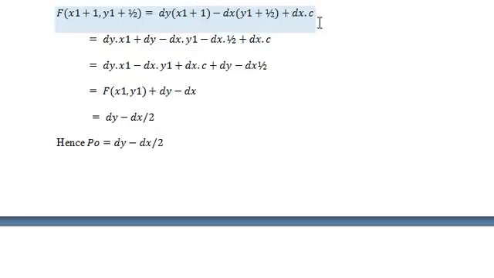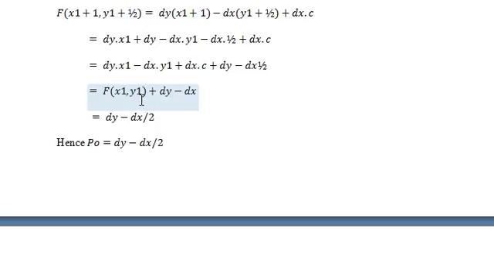We place x is equal to x1 plus 1 in the line equation and simplify it. After simplification, dy x1 minus dx y1 plus dx c is actually equal to f of x1 comma y1, the line function applied at x1 comma y1.